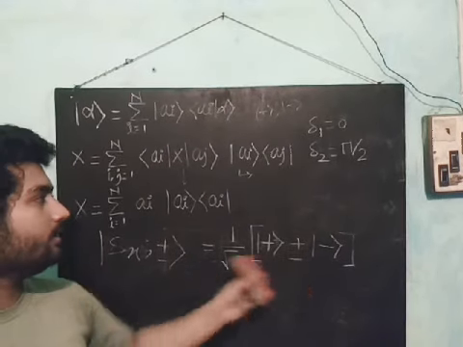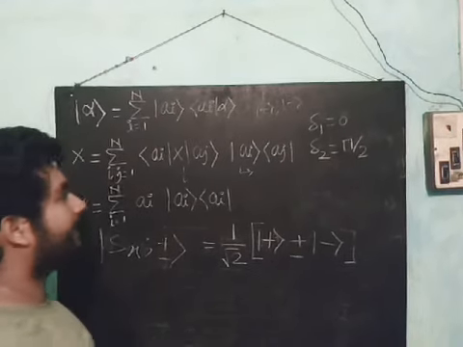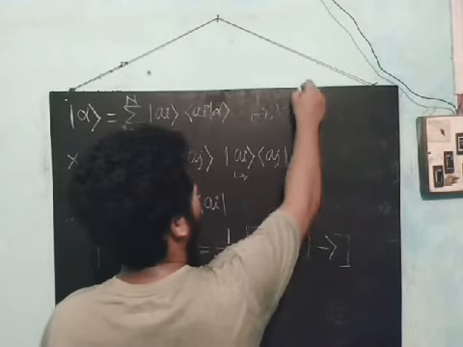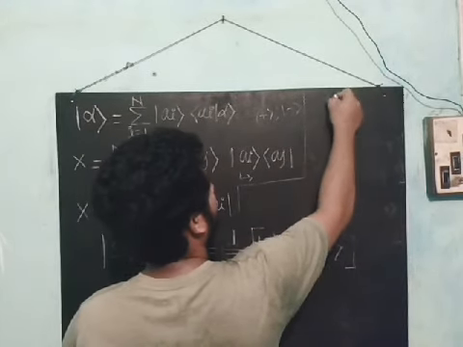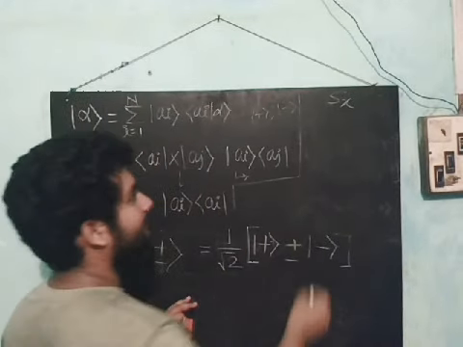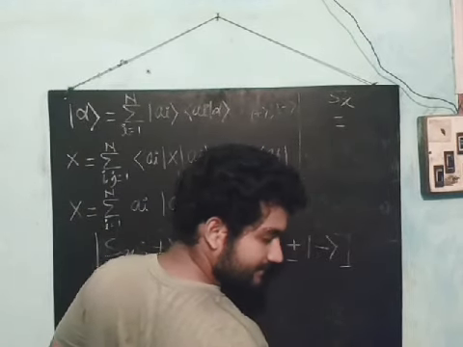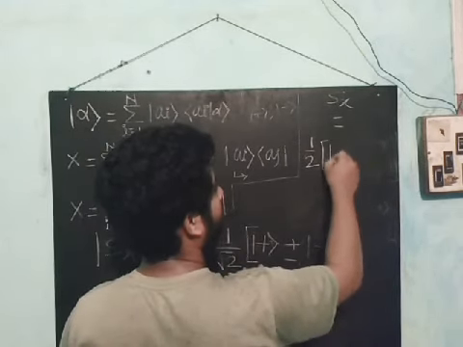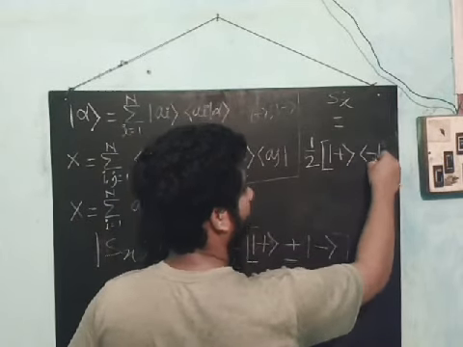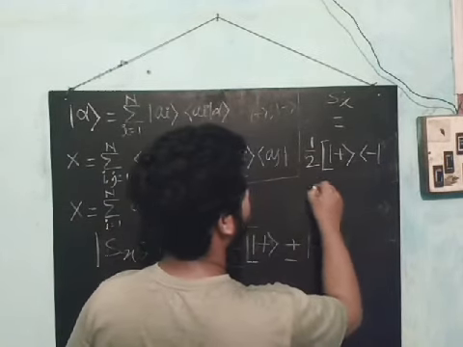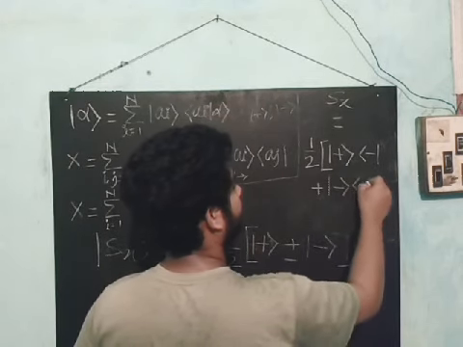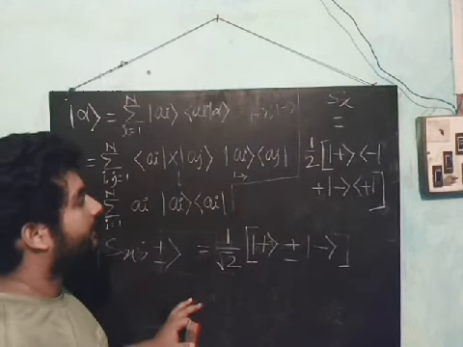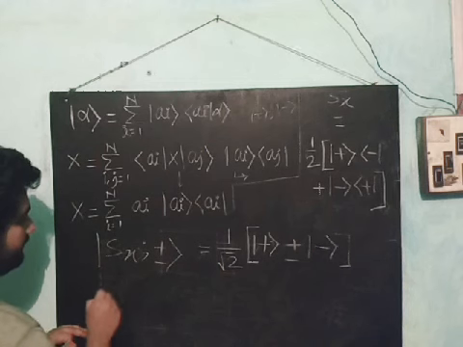This is the case for Sx positive and negative. And Sx is half times positive negative plus negative positive.